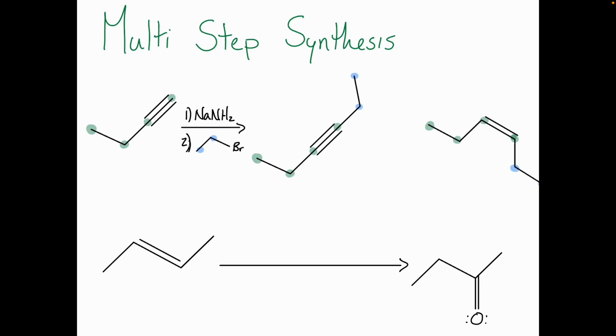We can bridge this gap using one of our hydrogenation reactions. In this case, because I want the cis product, I'm going to use Lindlar's catalyst. So if I want to do this synthesis, I'm going to have to do these 2 steps. I'm going to first use this method to elongate my carbon chain, and then use Lindlar's catalyst to get my cis alkene.